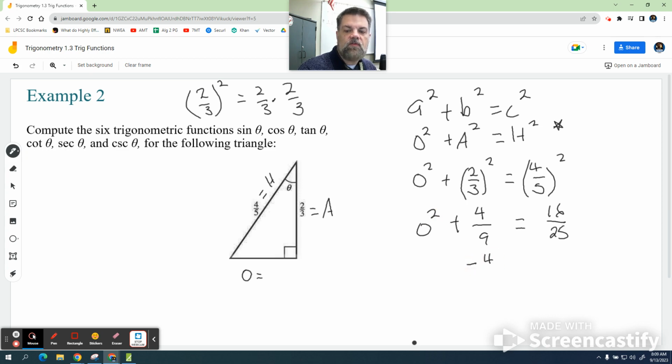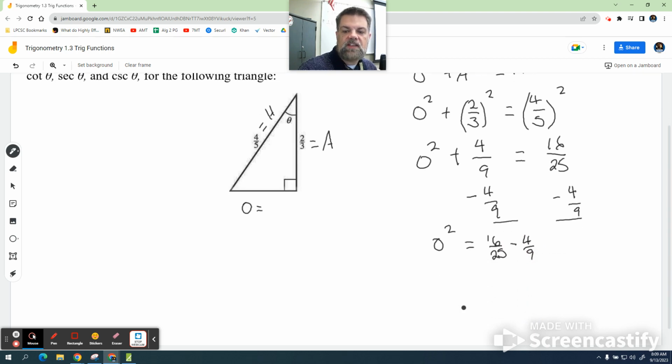So I subtract 4/9 from both sides, and I get o squared is equal to 16/25 minus 4/9.